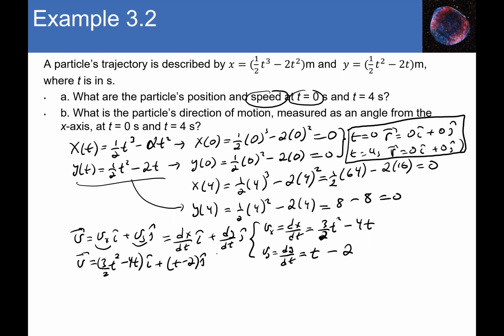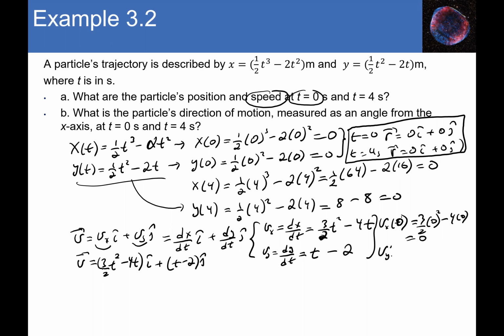Now I'm going to use each one to find the velocity at t equals 0. Vx when t equals 0 is 3/2 times 0 squared minus 4 times 0, which is 0, so it has no x component. Does that mean there's also no y component?